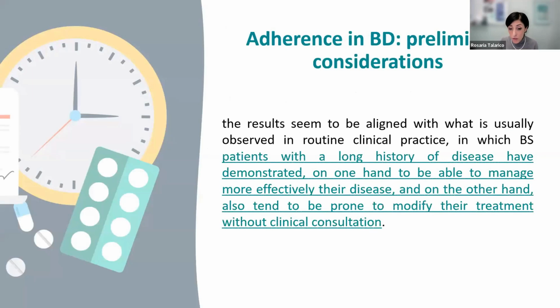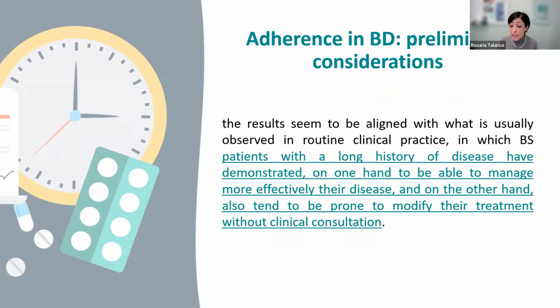And some considerations related to this analysis can be, in my opinion, applied also to other diseases. In many cases, patients with a long history of disease may perceive themselves to be able to manage the therapy, and on the other hand tend to be prone to modify their treatment without clinical consultation.